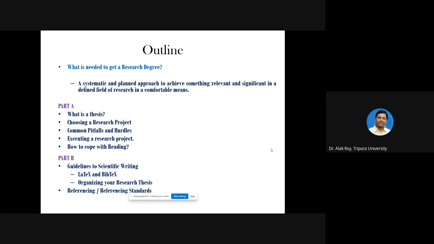So, it is a systematic and planned approach to achieve something relevant and significant in a defined field of research in comfortable means. So in this one line, every word is important.